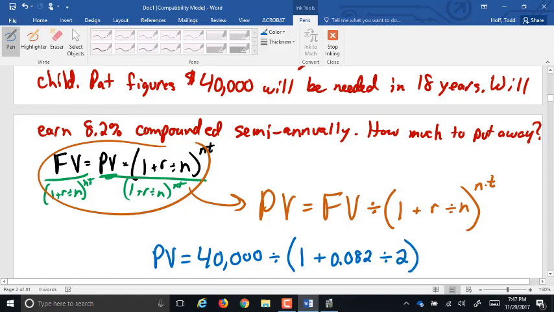Semi-annually will make it 2. N is still 2 and t is 18 years. So again, 2 times 18 is 36.